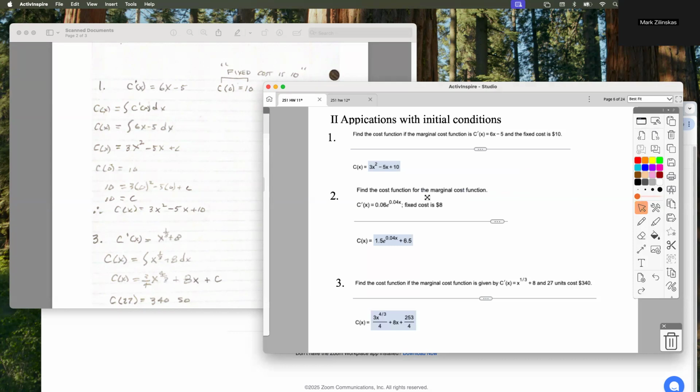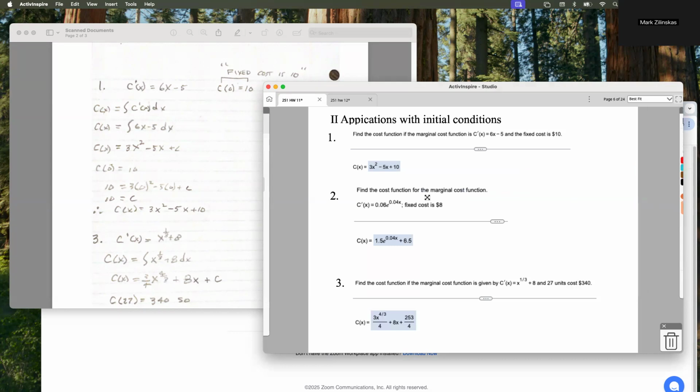All right. So this one here, like I said, we're looking for a specific antiderivative. Now, for this particular problem, when we had the cost function, we found the derivative, we called that the marginal cost function. That was just a quote unquote economic term. But really we're starting with the derivative here, okay?